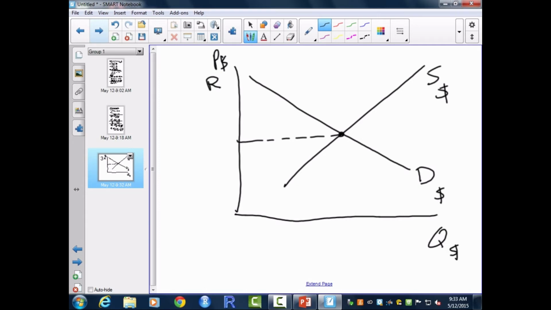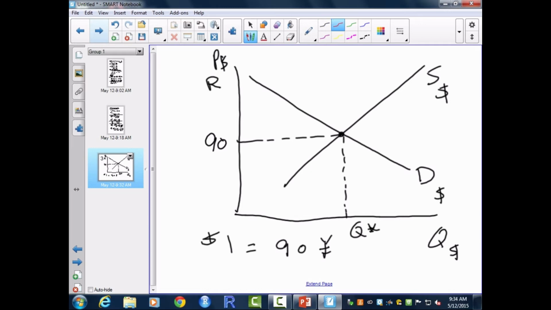So let's say the price of dollar at this moment is equal to 90 Japanese yen. Right? So you say $1 equals 90 Japanese yen. And this many dollars would exchange hands, whatever this is, Q star.